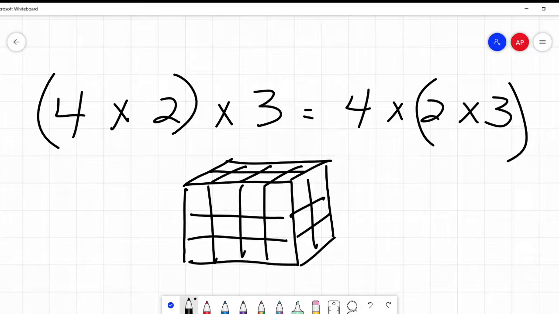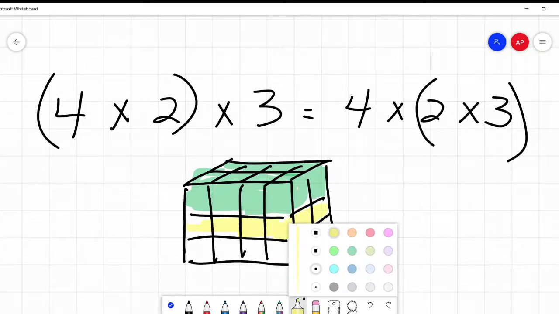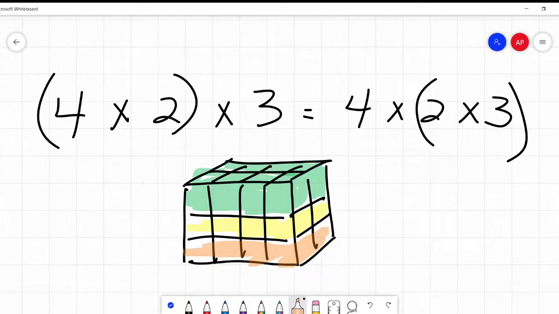Well, that one's saying 4 times 2 times 3. So I have this row of 4 cubes, and I'm going to make 2, and then I'm going to do that 3 times. 4 times 2, and then times 3.